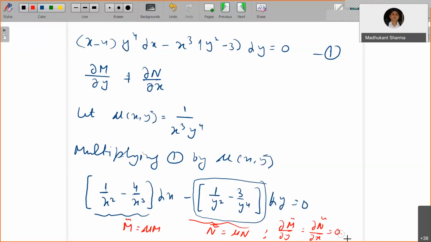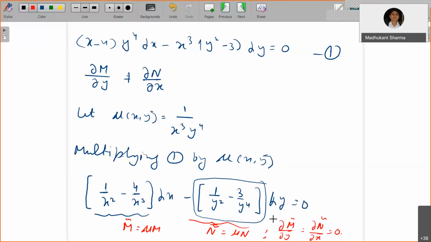Both are equal. Now the resulting equation is exact, and you can perform that procedure here. So dou f by dou x is equal to this, dou f by dou y is equal to this, just try to identify that f here.